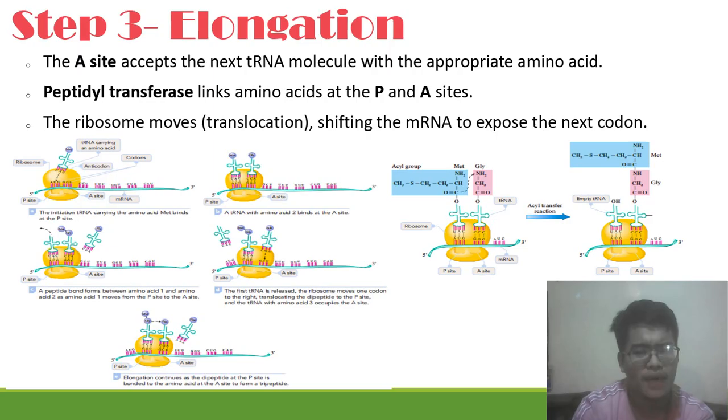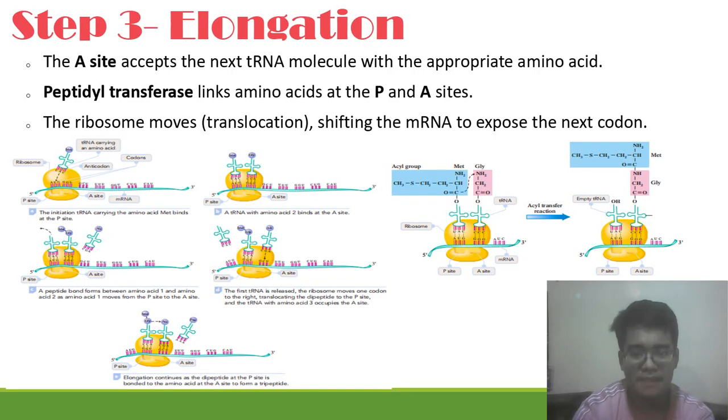So with amino acids in place at both the P and the A sites, the peptidyl site and the aminoacyl site, the enzyme peptidyl transferase effects the linking of the P site amino acid to the A site amino acid, forming a dipeptide.